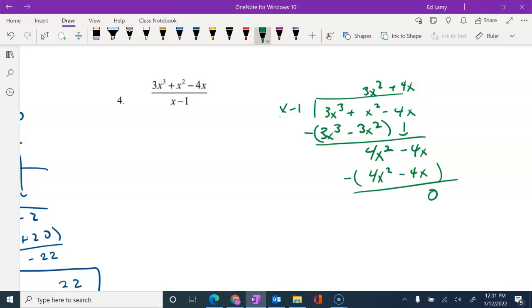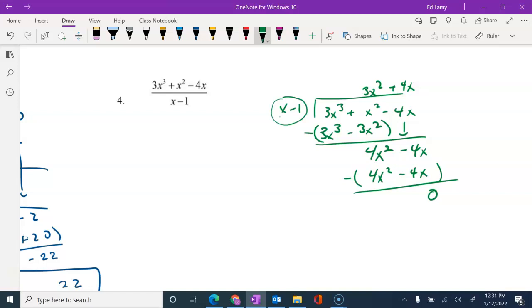This tells us something. Let's pause for a second. If we were dividing real numbers and we got a remainder of 0, then we would say that the divisor is a factor of the dividend when there's no remainder.